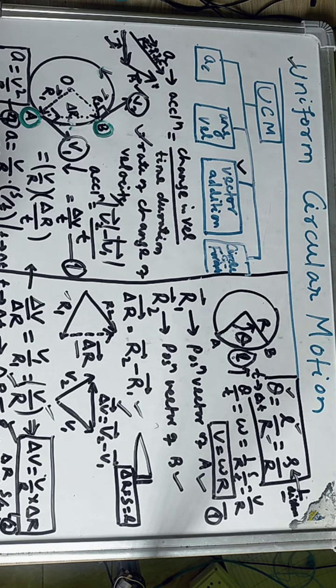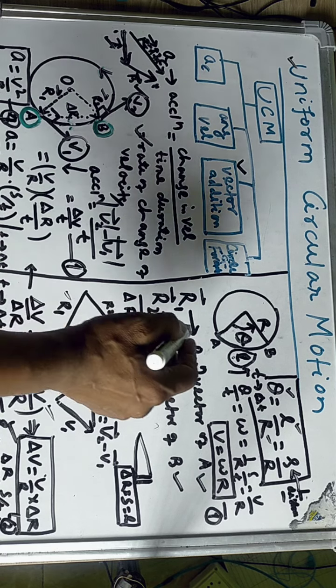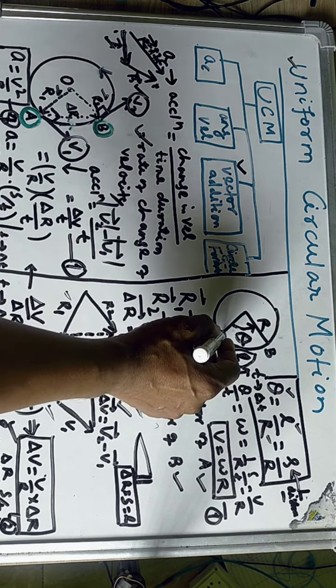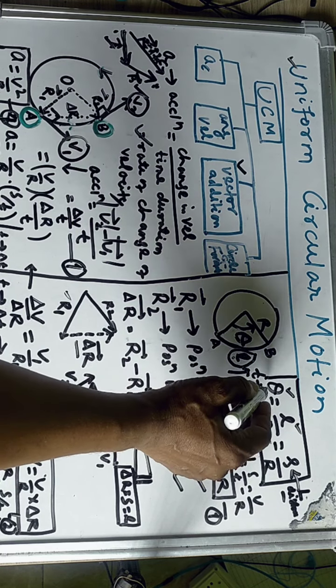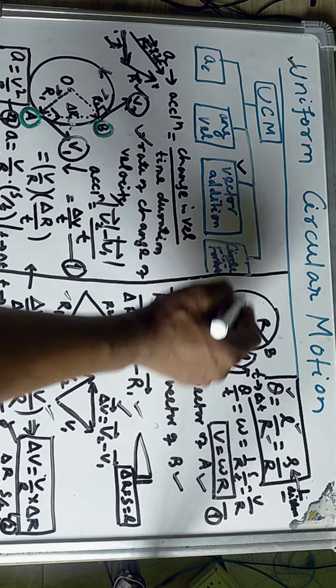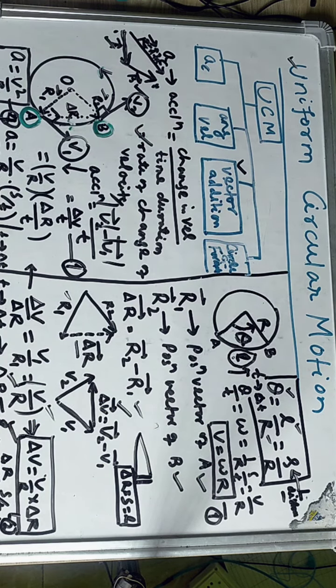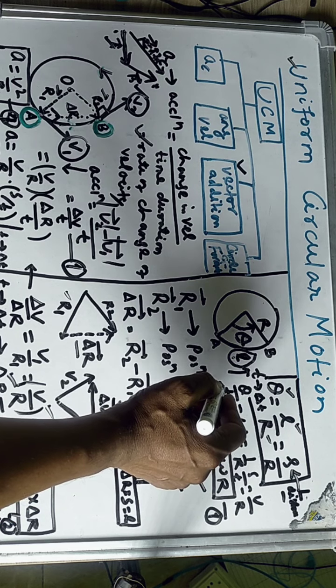Now, once we go to the geometry of the circle, we find theta is equal to L by r, and theta here is angular speed, or once direction is specified it becomes angular velocity. Now we consider theta by t, direction not considered.